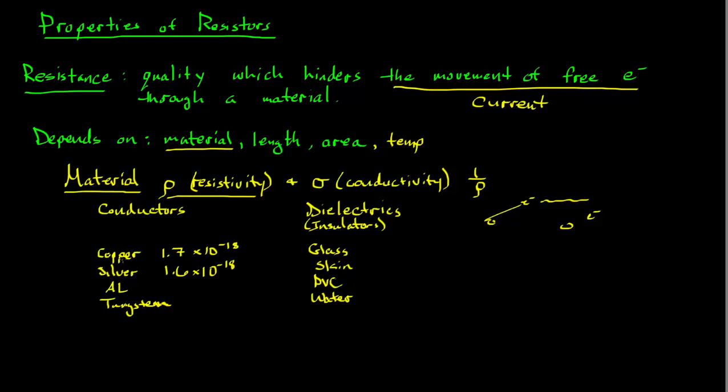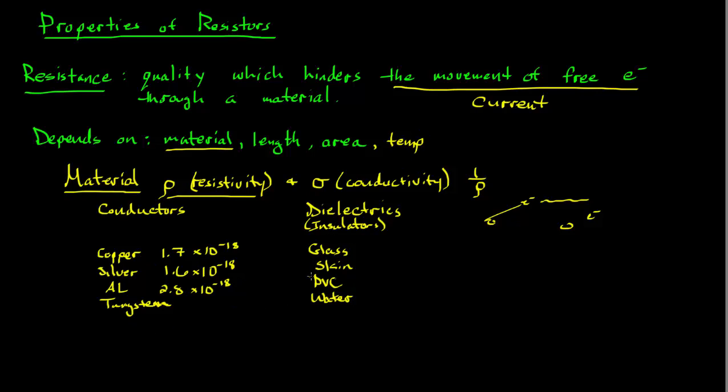So copper is relatively cheap. Well, not really. Anyway, it's cheaper than silver. Aluminum, 2.8 times 10 to the negative 8. And so it seems like aluminum might be a good choice, but aluminum takes a lot of energy to produce. So copper has some other factors with temperature.